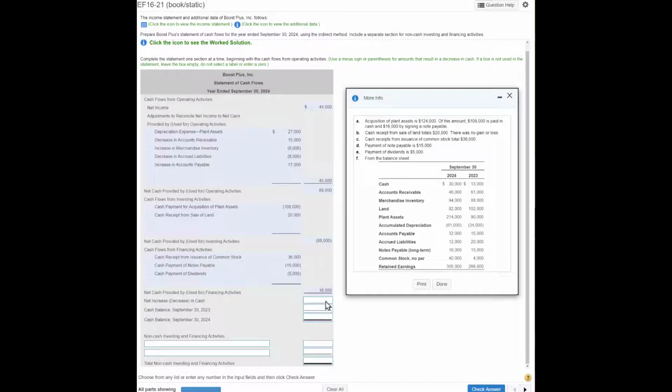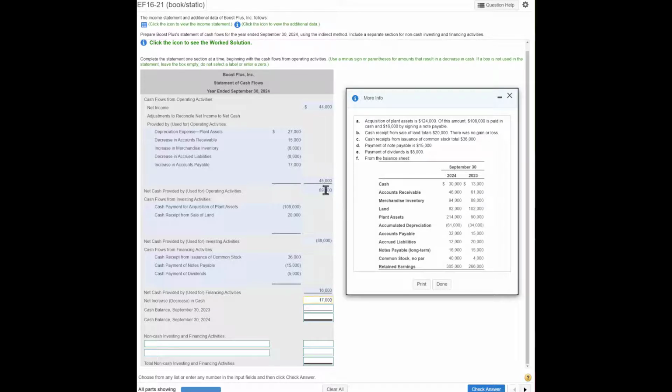Next, we've got net increase and decrease of cash. So we should double check this two ways. The easiest way is to look at our cash here. Cash went from 13,000 up to 30,000. So we have an increase of cash of 17,000. But you should double check your work.